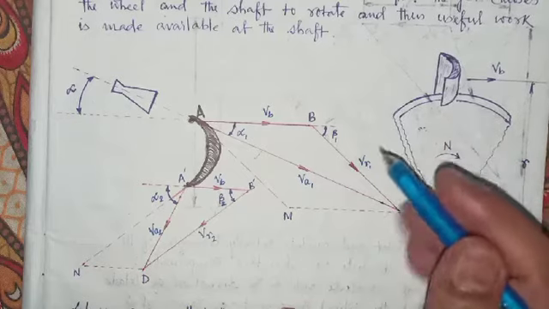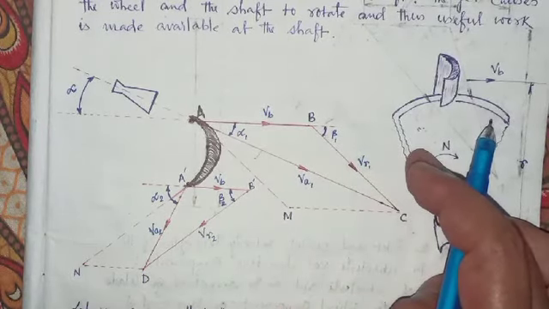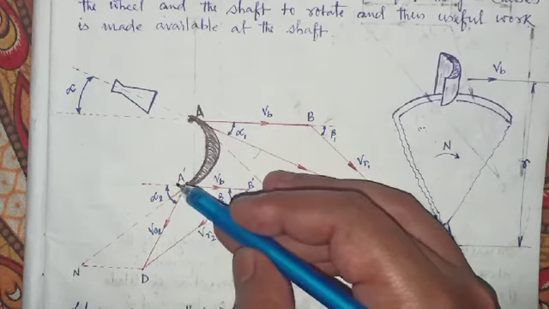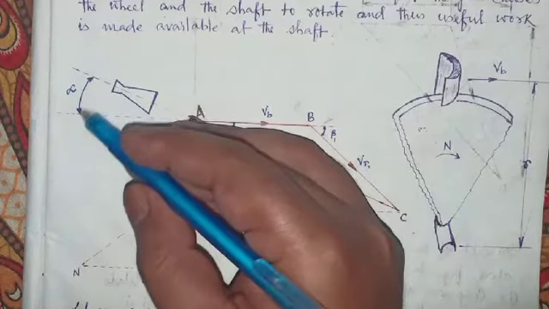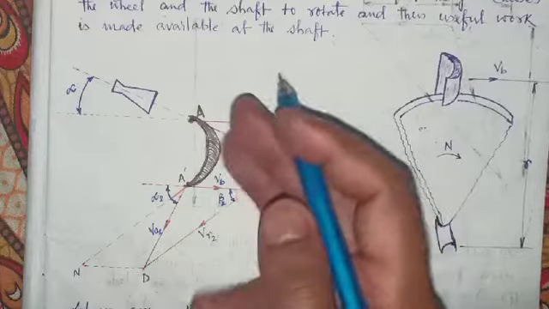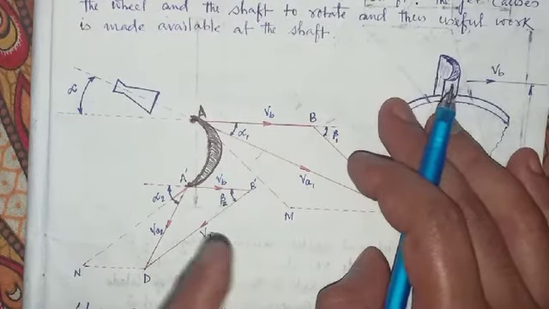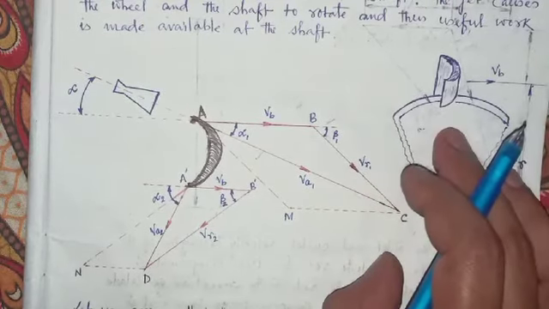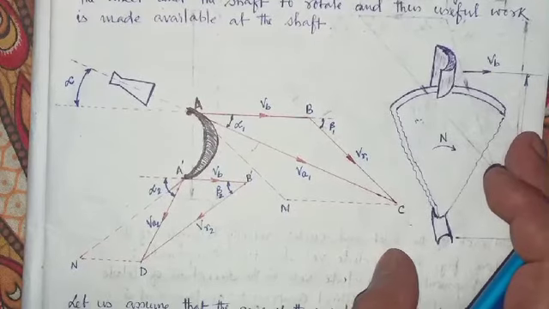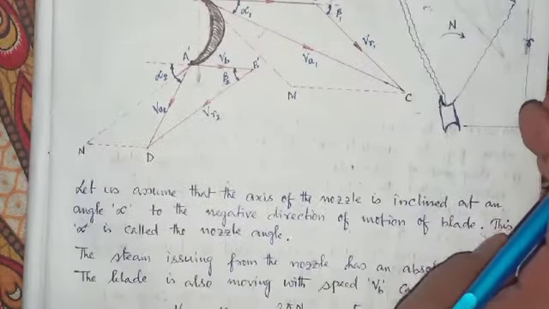With reference to this figure, let us assume the axis of the nozzle is inclined at an angle alpha to the negative direction, opposite to the direction of motion of the blade. The angle alpha is known as the nozzle angle.